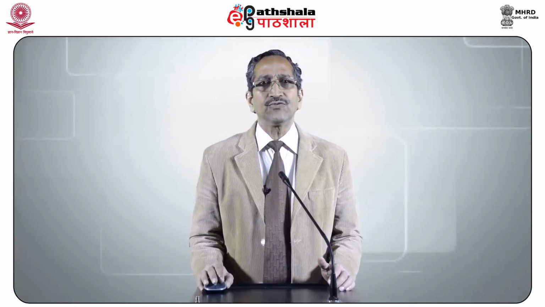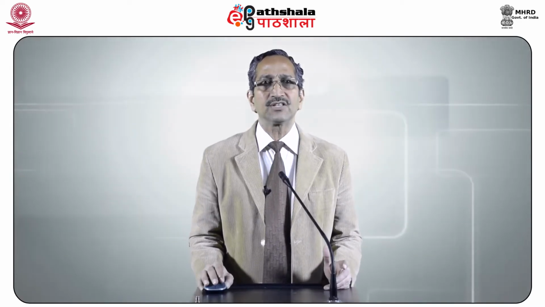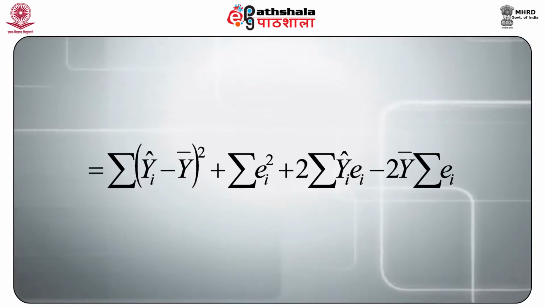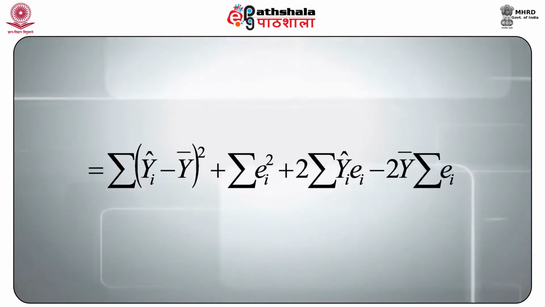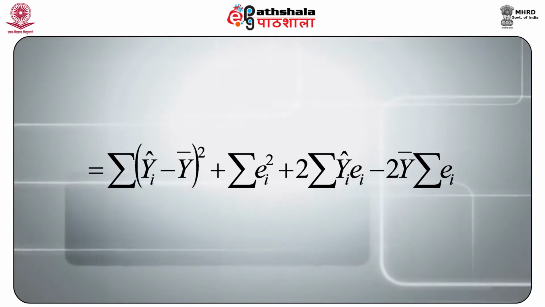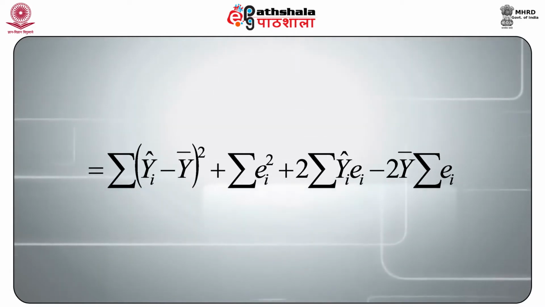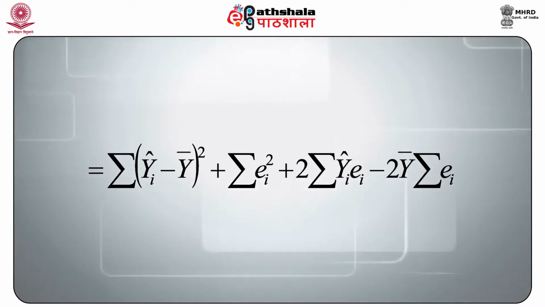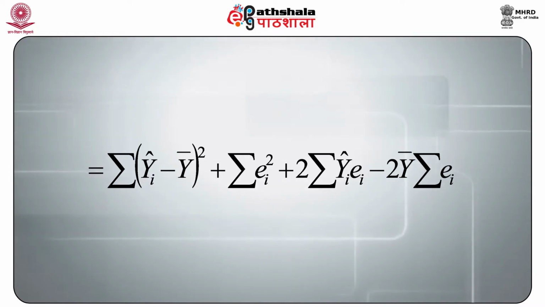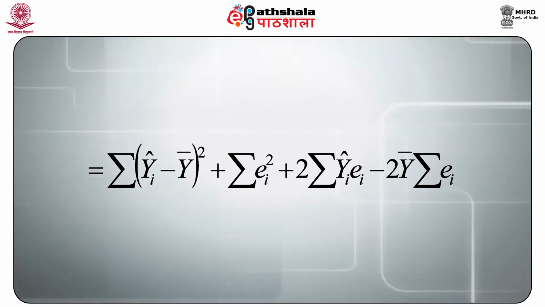Now, if we continue with this, this will be equal to summation (yi hat minus y bar) square plus summation ei square plus twice summation yi hat ei minus twice y bar into summation ei.